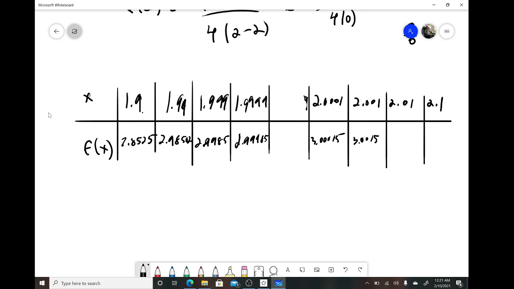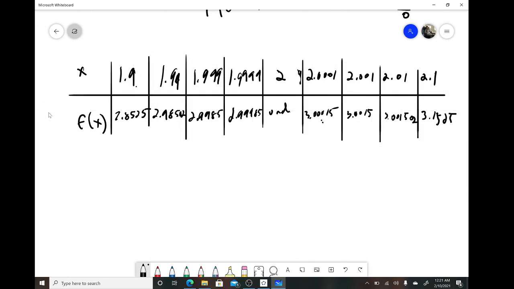If you remove another 0 here, you're going to get 3.000015, and finally 3.1525. So as we can see, the closer we're getting to 2, remember 2 was undefined, the closer we're getting to 3.